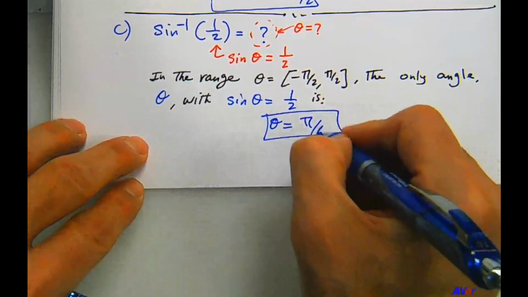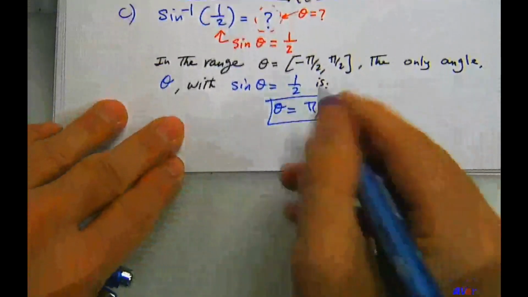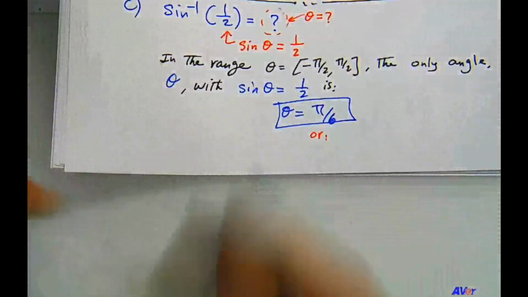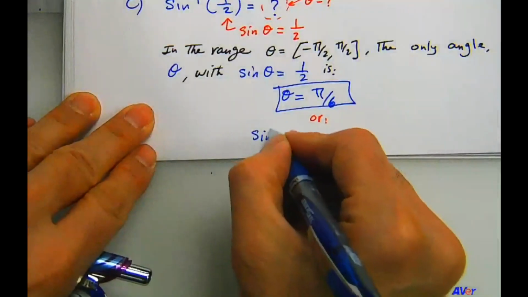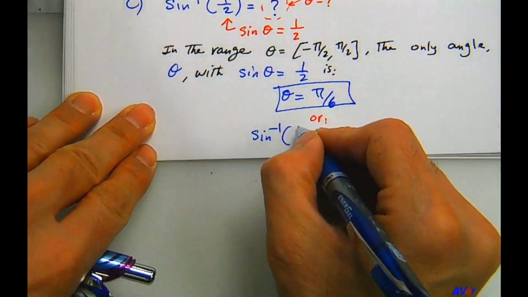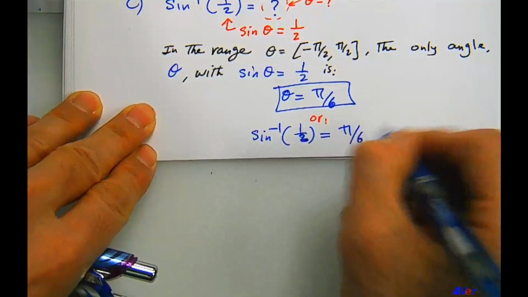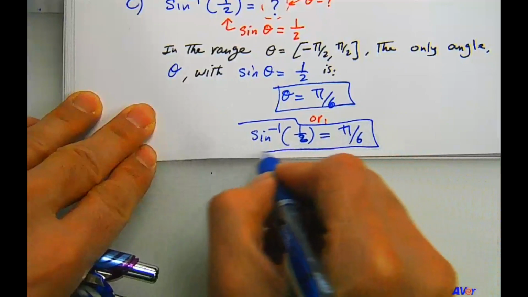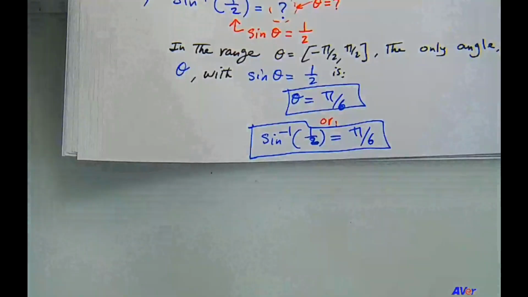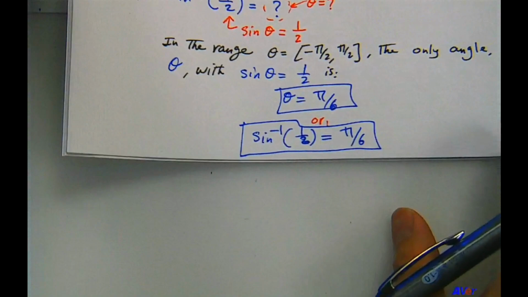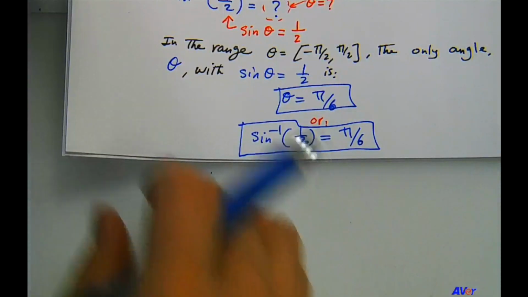Either that, or you can write down inverse sine of 1/2 is equal to π/6. Okay, like that. So I hope things are beginning to make sense as far as this topic is concerned.